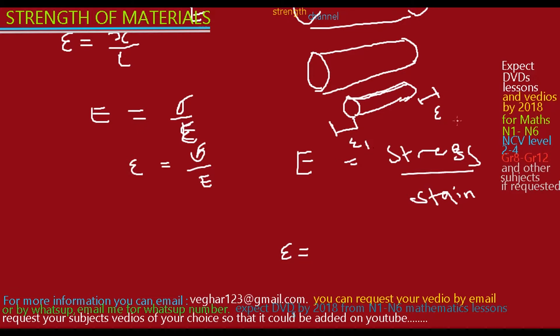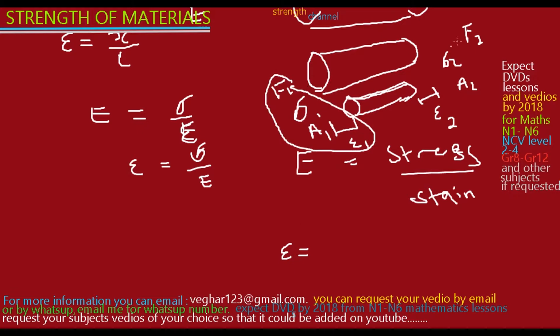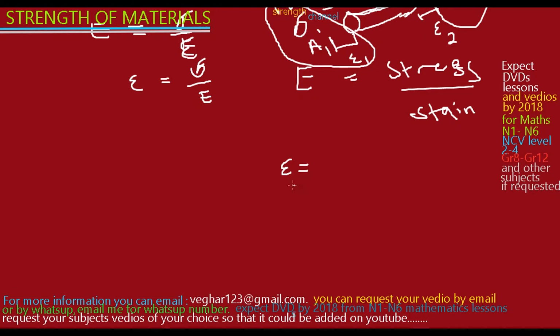Let's say this is 1, this is 2, and this is area 1, area 2, stress 1, stress 2, force 1, force 2. So we have to understand one thing: when you calculate this part and then calculate the other part and then add them, the forces act in opposite directions but have the same magnitude.